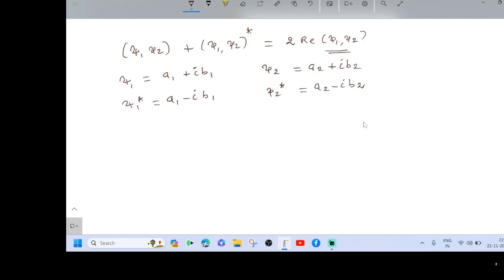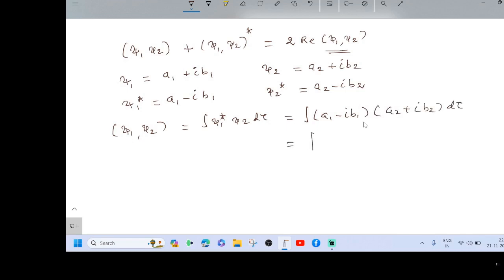Now find out the scalar product of psi 1 psi 2. This is equal to the integral of psi 1 star psi 2 d tau, where psi 1 star is a1 minus I into b1 and psi 2 is a2 plus I into b2, into d tau.